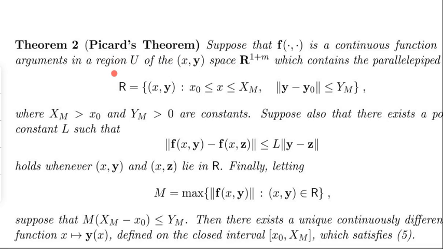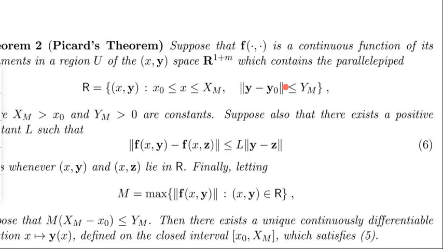This region will be a subset of Rm plus 1 and this domain will be this parallelepiped domain R, of x and y, when x is between x0 to xm, and the values y will satisfy this relation. And the norm of y minus y naught will be less than or equal to capital Ym.